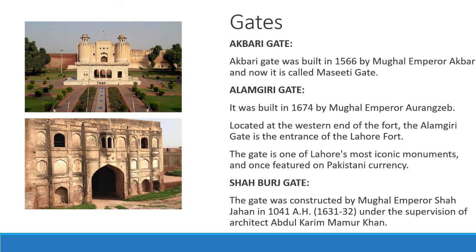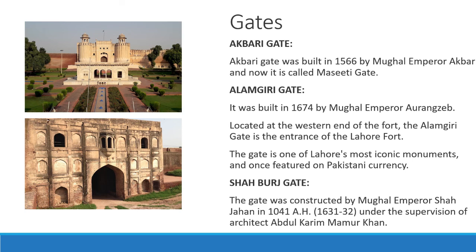It was built by Mughal Emperor Aurangzeb in 1674. It has two semicircular bastions where a lotus petal design adorns its base. It opens to the Hazuri Bagh and faces the Badshahi Masjid. The gate is one of Lahore's most iconic monuments and was once featured on Pakistani currency.